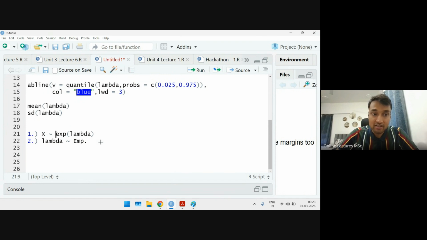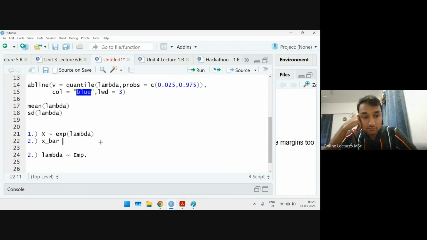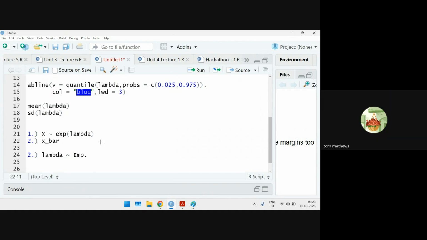Let me make it more simple for you guys. If x follows an exponential distribution, as per whatever you studied in your last semester, what is the distribution of x bar? It's also exponential. Because it is from the lambda distribution we know. I think it is gamma or something.